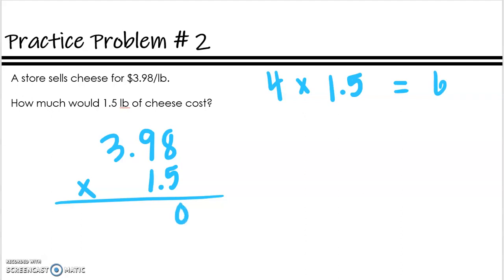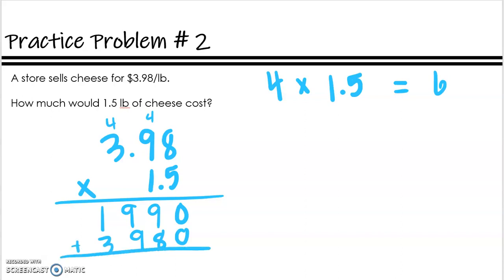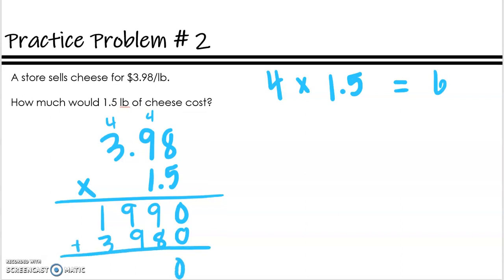5 times 8 is 40. 5 times 9 is 45, plus 4 is 49. 5 times 3 is 15, plus 4 is 19. Put a placeholder, 1 times 8. 1 times 9, 1 times 3, 0, that is 17, that is 20, and that is 6.